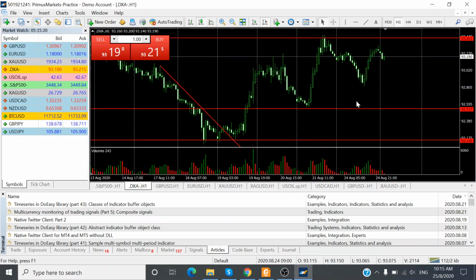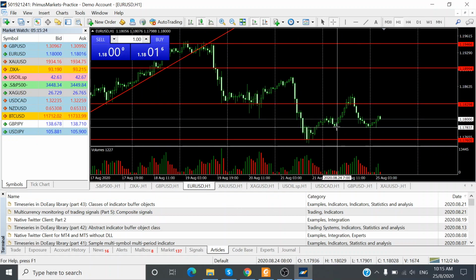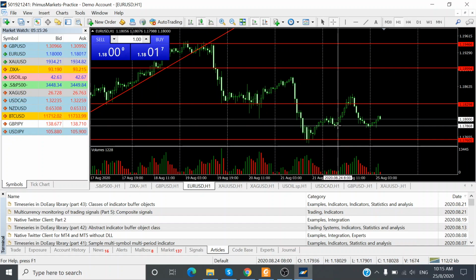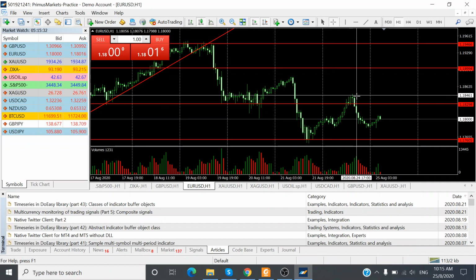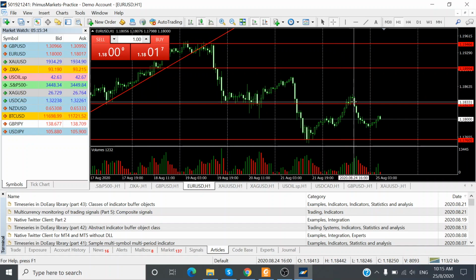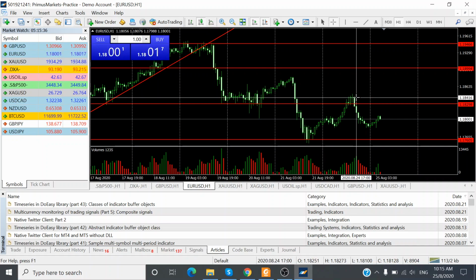As the US dollar was weakening, we do see the euro dollar strengthening from 1.1786 all the way to 1.1847, moving up about 60 pips before pushing down at about 9 p.m. 1.1842 all the way to 1.1782. Okay, so it came back down about another 60 pips before going quiet.